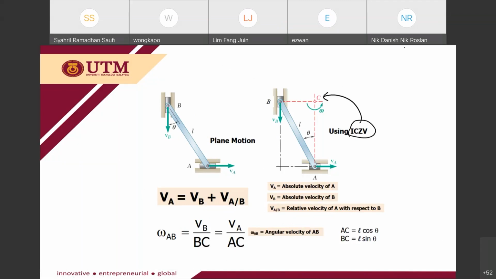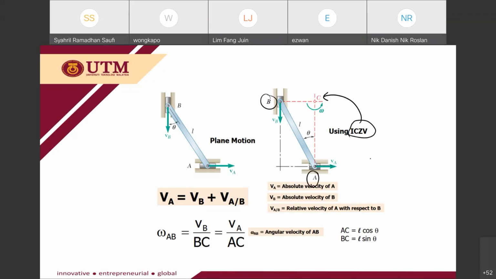So the first one, let's say we focus on the rod AB. At each point A and B, you will have the velocity of each point, VA to the right, VB downwards.